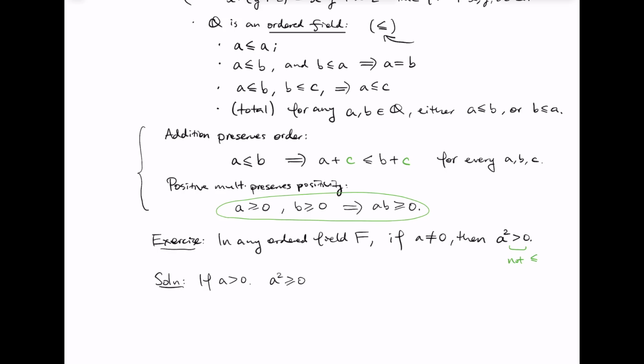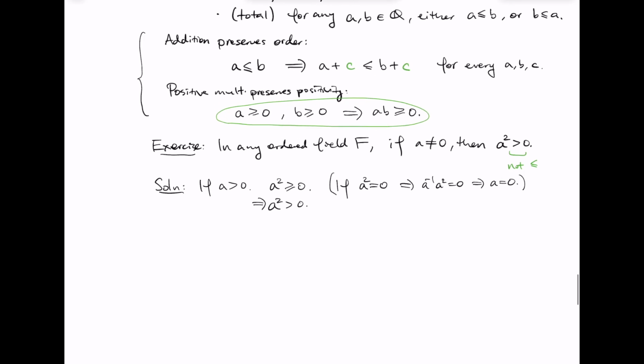Now, we want to say that A squared is actually strictly bigger than 0 and not equal to 0. If A squared is equal to 0, well, A has some kind of inverse. That means that A inverse times A squared equals 0, and the inverse cancels with one of the A's. That leaves A equals 0. But A is not 0 by assumption. So that cannot happen. So this implies that A squared is strictly bigger than 0.